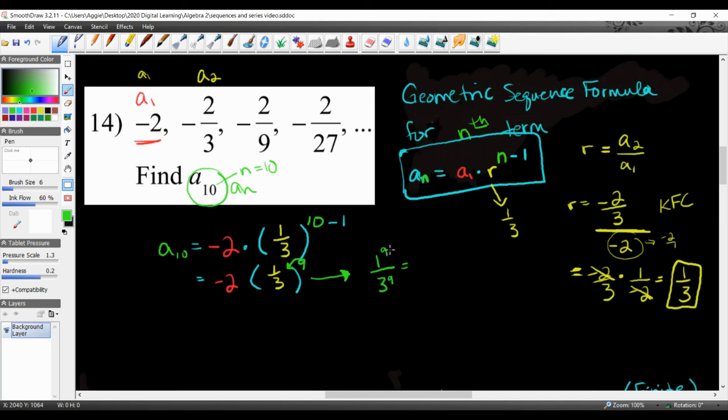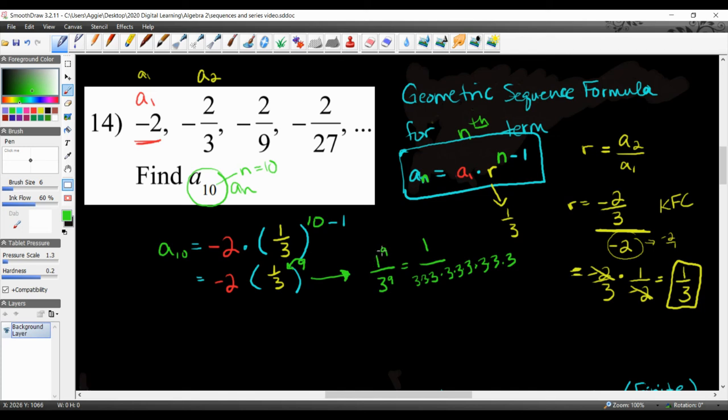But 1 times itself, no matter how many times, is still 1. 3 to the 9th power is 3 times 3 times 3, 9 of them, which is a really big number.